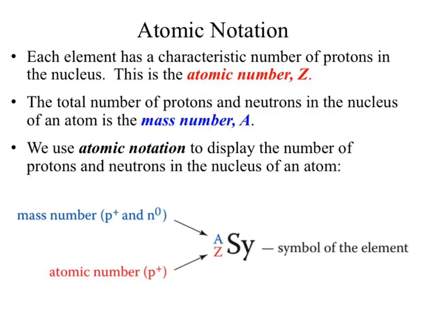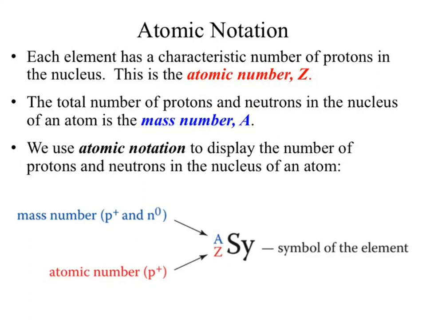And we've got the mass number, likewise given the symbol A. What those numbers represent are our protons and our neutrons. Remember, when we looked at mass, a proton and a neutron had the same mass. So when I'm looking at the mass number, that's going to necessarily imply the sum of the protons and the neutrons. I need to have both of those terms.